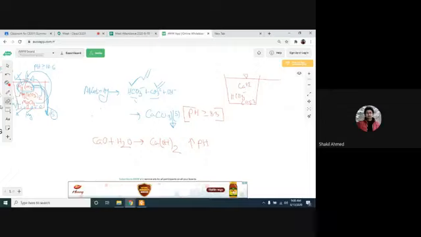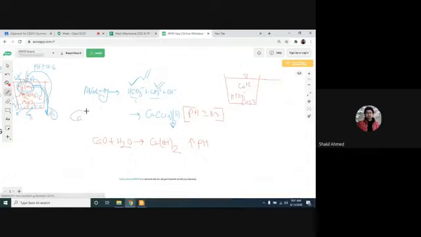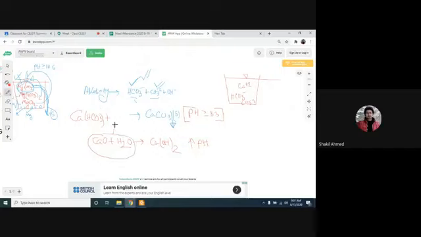That means you have calcium ion and bicarbonate ion, so you have calcium bicarbonate in your water. Now you add calcium oxide plus H2O. So what you have done is you have added this. This is the lime, basically. You have added lime here.